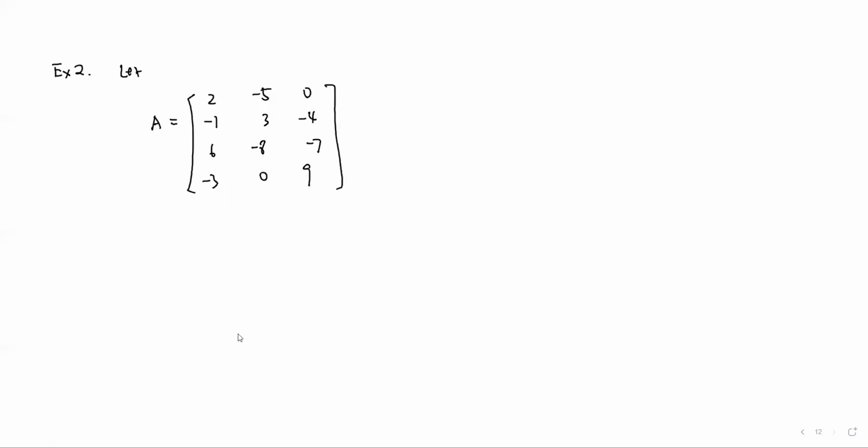The size of this matrix is 4 by 3: 4 rows, 3 columns. Now, how about matrix B? 4, 7, -6, 1.